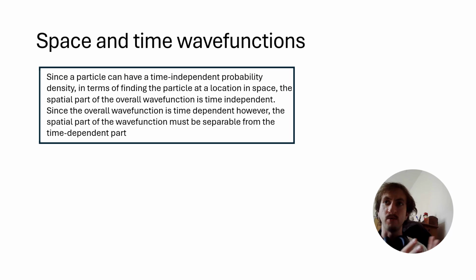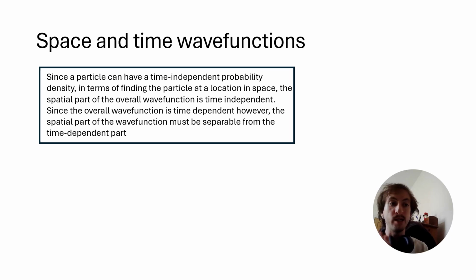Because we're assuming the probability is time independent. And so associated with the time-independent probability should be a time-independent wave function. Or at least part of the overall wave function should be time independent.